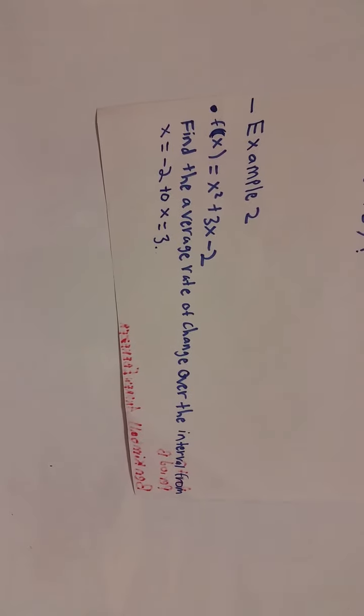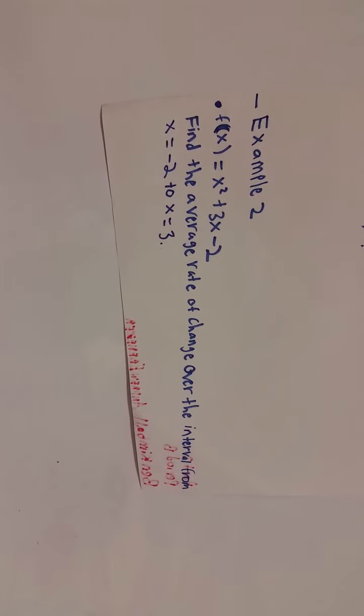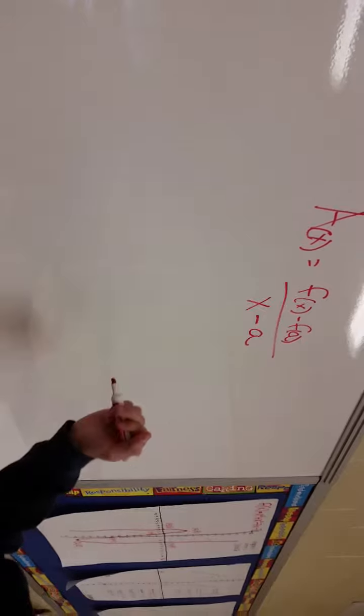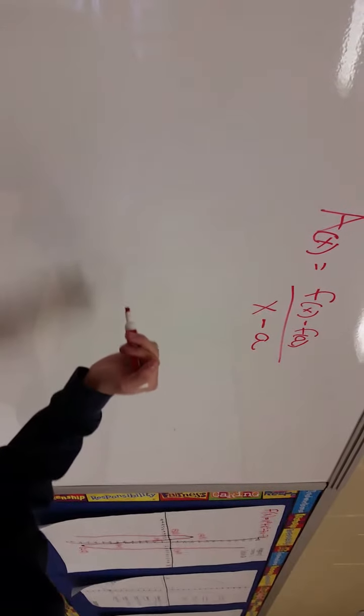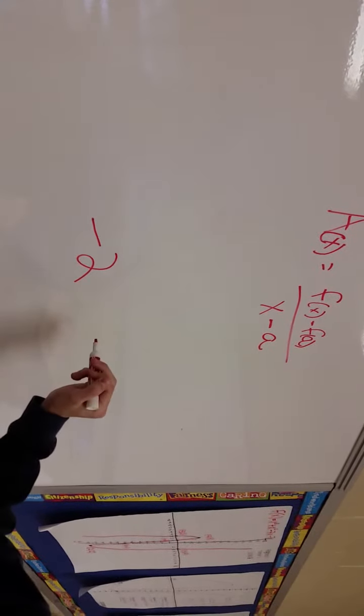For example 2, the equation says f(x) equals x squared plus 3x minus 2. Find the average rate of change over the interval from x equals 2 to x equals 3. So the interval is negative 2 over x equals 3.